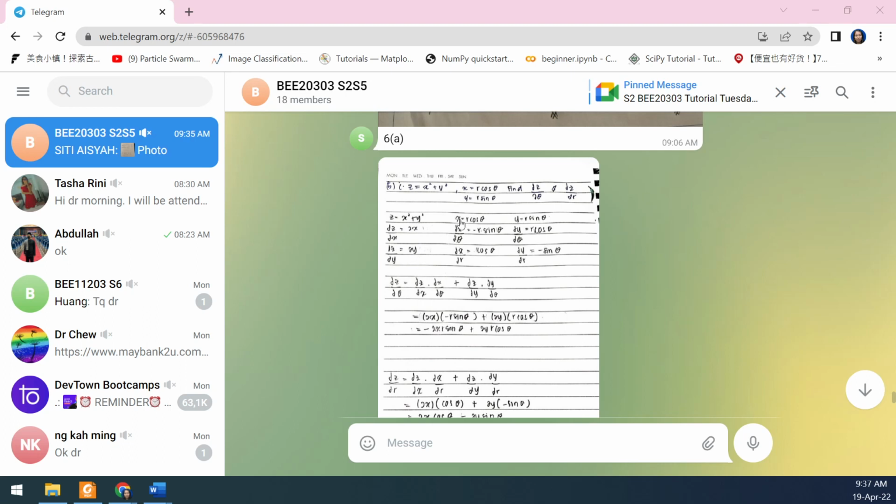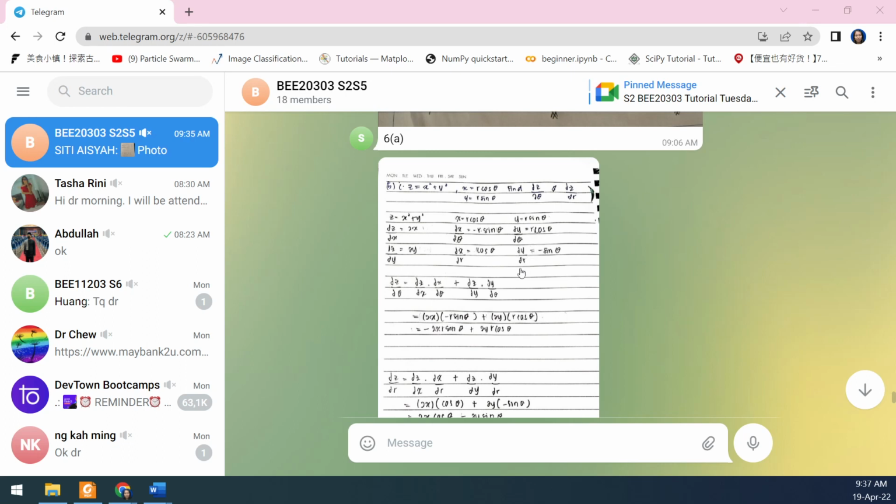From x equal to r cos theta, you differentiate x with respect to theta. When you differentiate with respect to theta, r is constant. That's why differentiating r cos theta gives negative r sin theta, correct? Del x del r, when you differentiate with respect to r, cos theta is constant, so you get cos theta. And y is r sin theta, del y del theta, you get r cos theta.